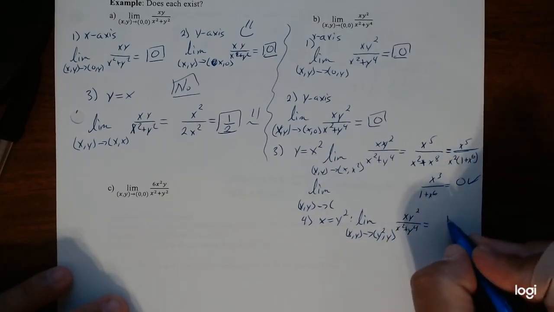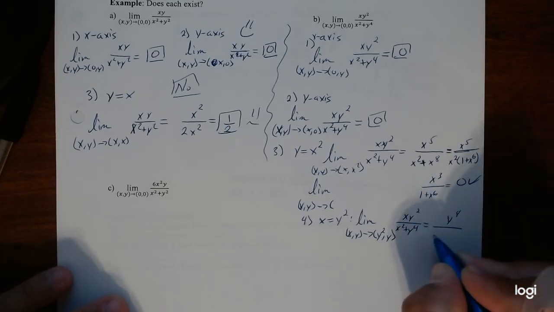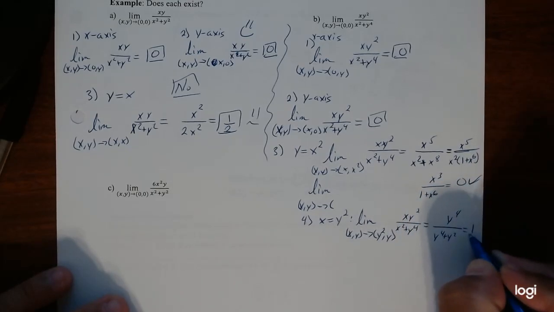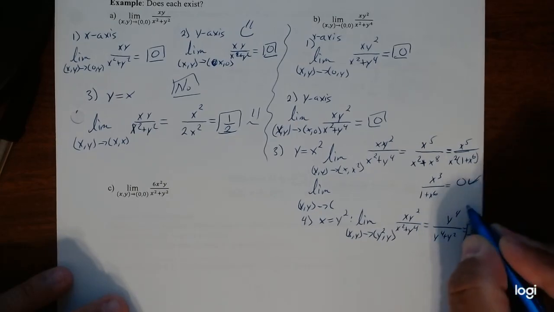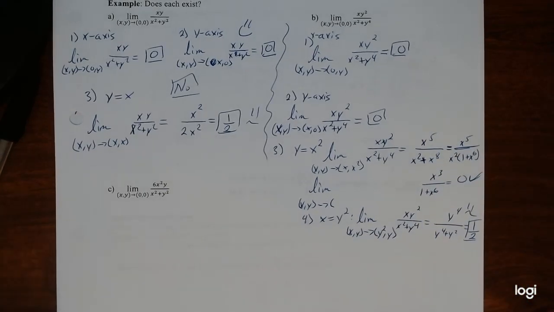So this can be y to the fourth on top. y to the fourth plus y to the fourth is equal to 1/2 after you simplify. Oh, great. So it looked like this actually could have been 0 unless it fails 0.